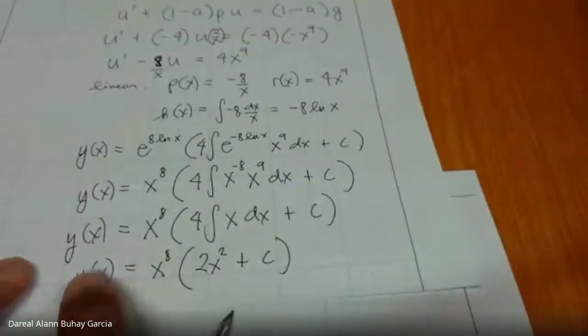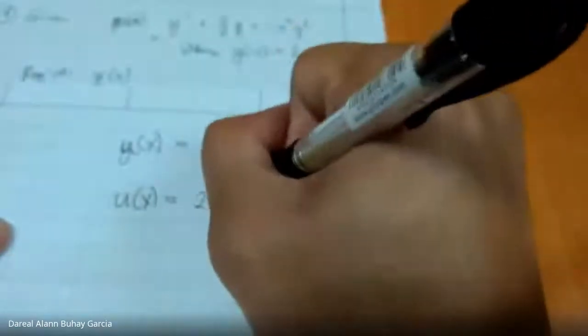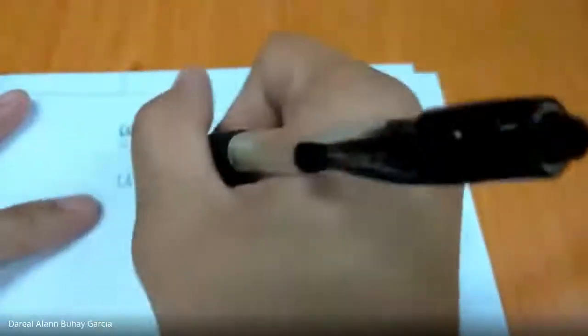I know this is not y, it's u. Therefore, u of x is 2x to the power of 10 plus c x to the power of 8. Just replace u with y. I mean, u is equal to 1 over y to the power of 4.